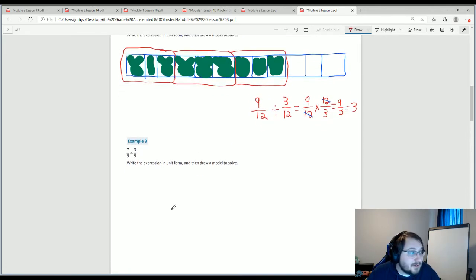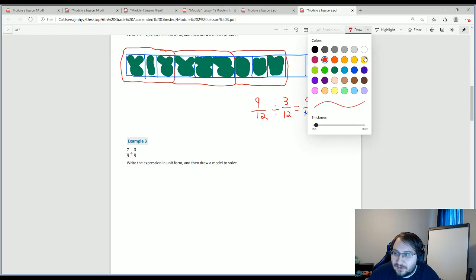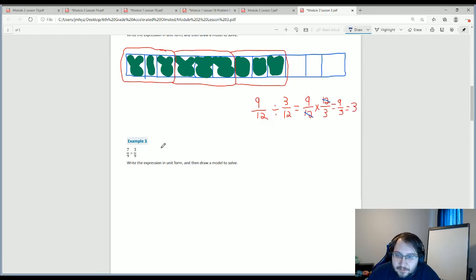For example 3, we have 7/9 divided by 3/9. So once again, I'm going to say 7/9 divided by 3/9.